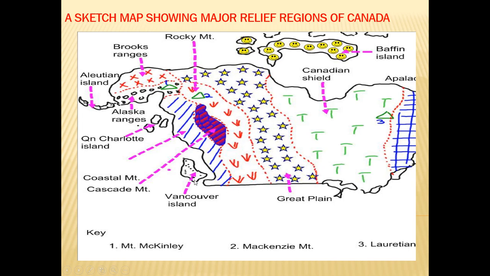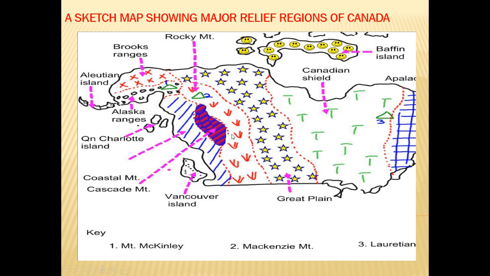This is the island of Vancouver. You must have looked at this, and the Queen Charlotte Islands, when you're looking at British Columbia as a region of Canada as your first topic, or one of the first topics that you looked at in Senior 2.